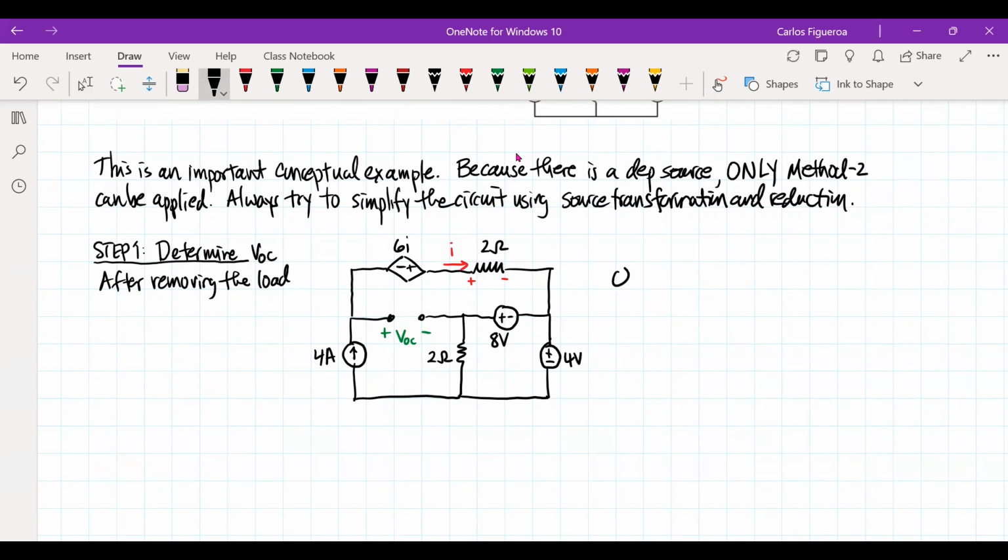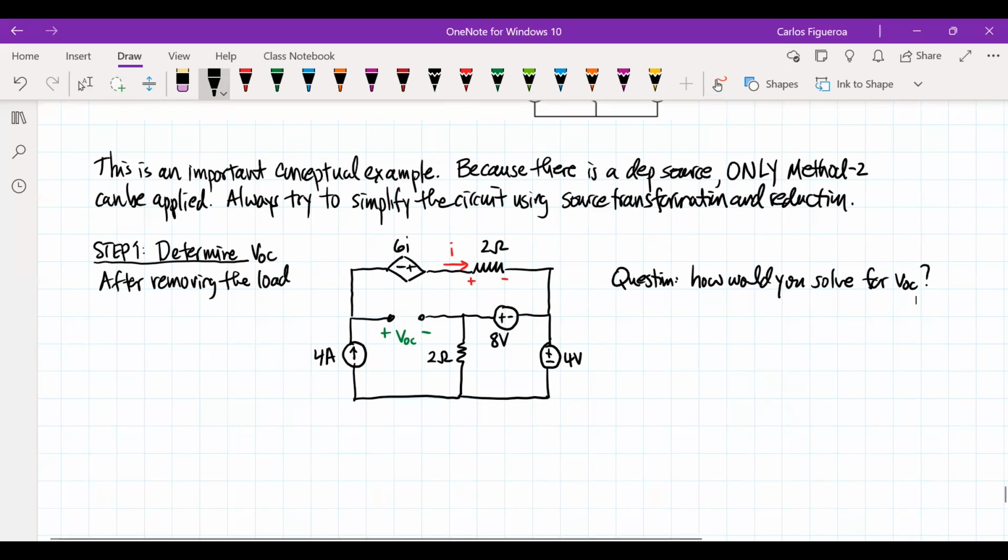So we always ask the same question. How would you solve for VOC? Are you going to use node? Are you going to use mesh? Are you going to use simple circuits? Whatever it is.